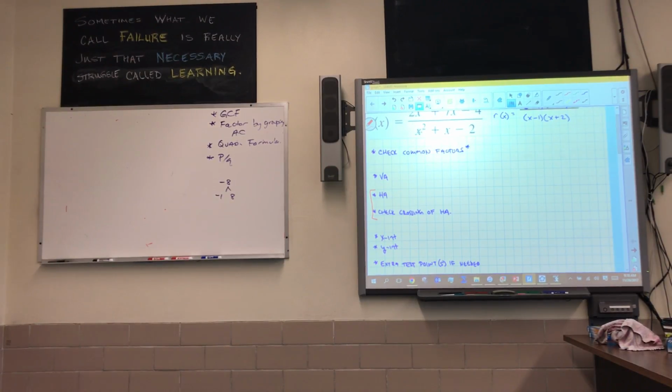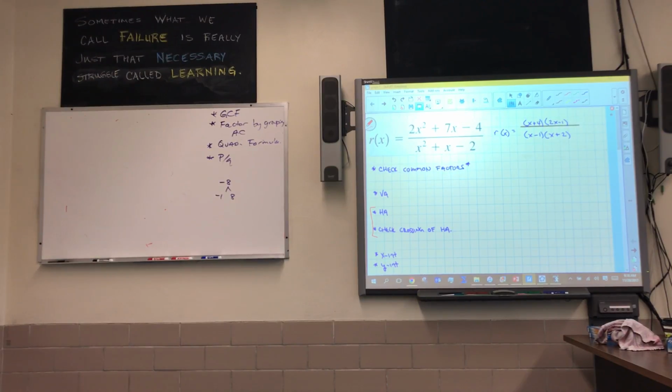Develop a system that you are comfortable with, you're able to remember, and you do it every single time. Because then you're not going to get to a problem where you forgot to find x-intercepts. You're not going to get to a problem where you forgot to see if you cross the horizontal asymptote. Does that make sense? Okay. But once I find the horizontal asymptote, the checking of crossing that is the only thing that is dependent in this list. So they can flip-flop and do them in any order.